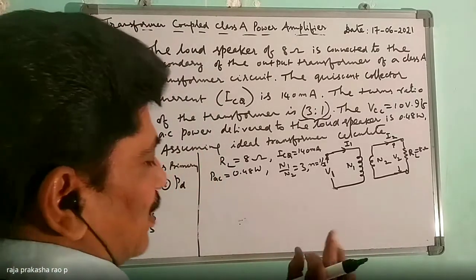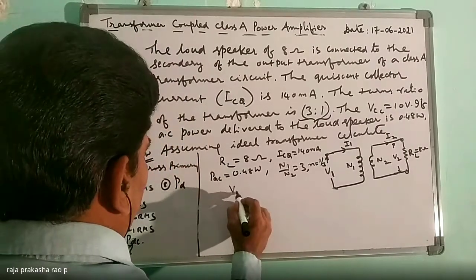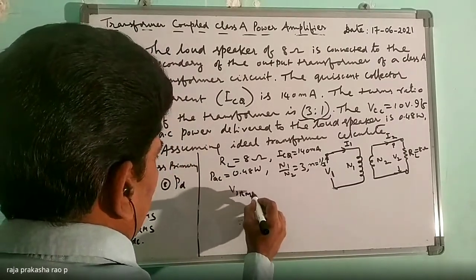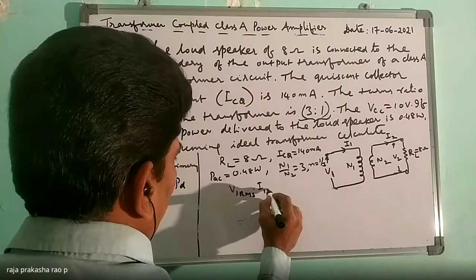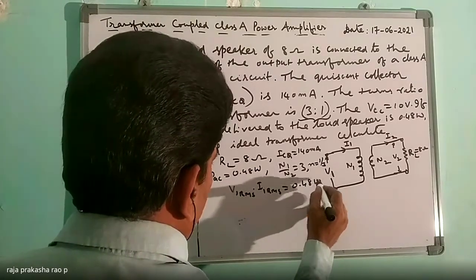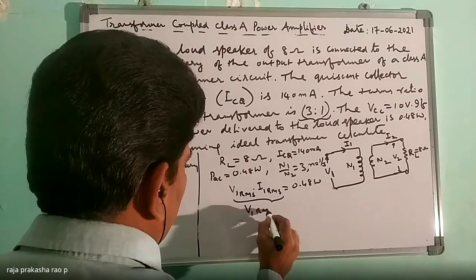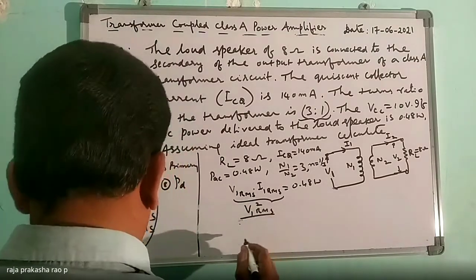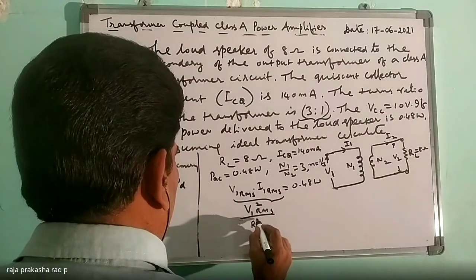By using the transformer equation, V1 RMS into I1 RMS is equal to 0.48 watts, and this can be written as V1 RMS square by RL dash.